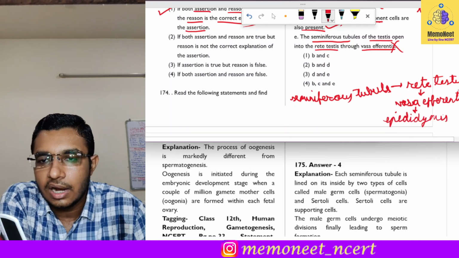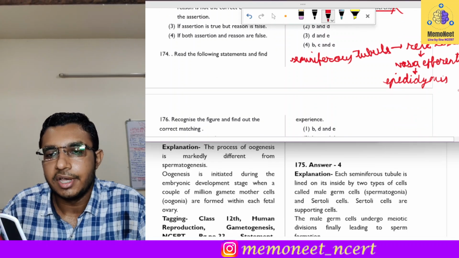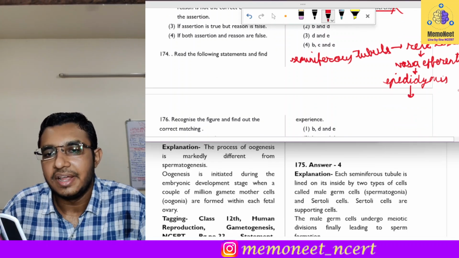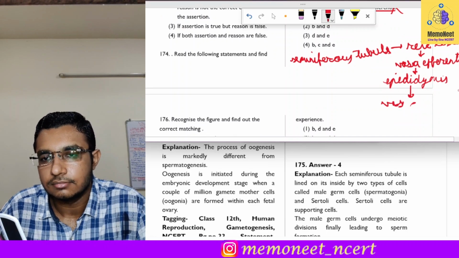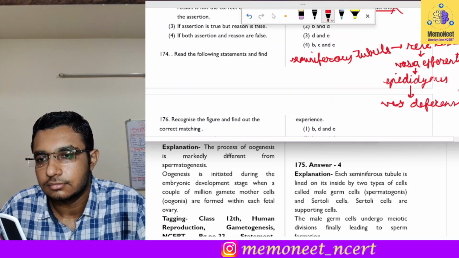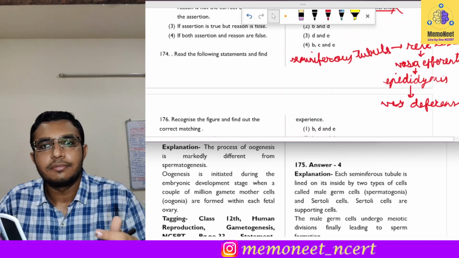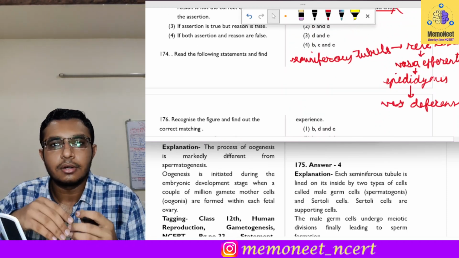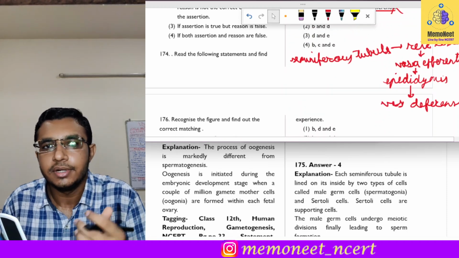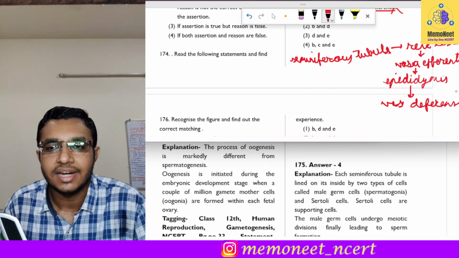After undergoing maturation in the epididymis, the sperms will enter the vas deferens. And from the vas deferens it will combine with the duct of seminal vesicles. It will form the ejaculatory duct which will open into the urethra. So that is the pathway of the sperm.